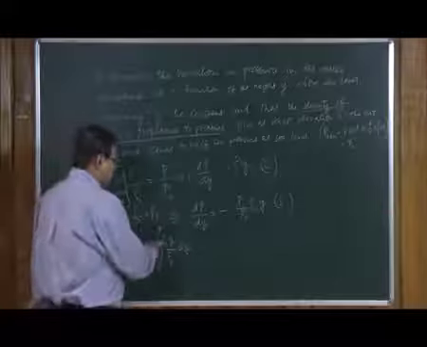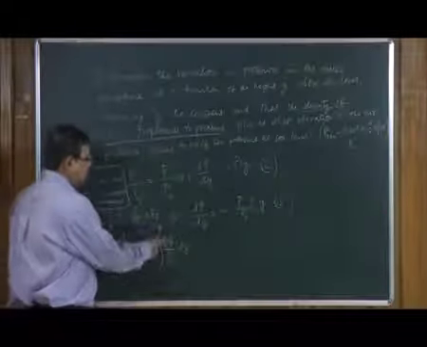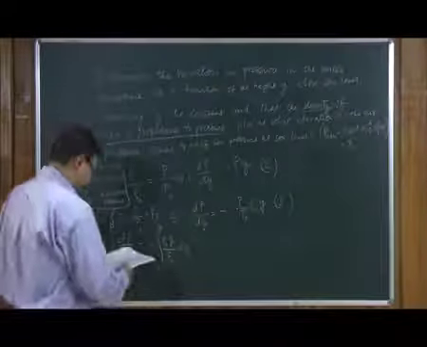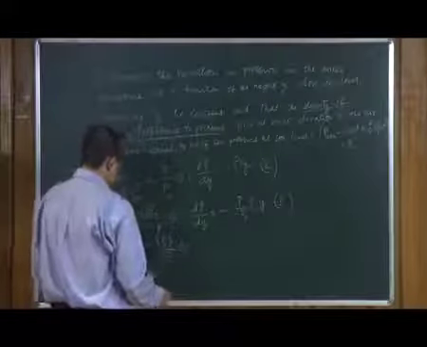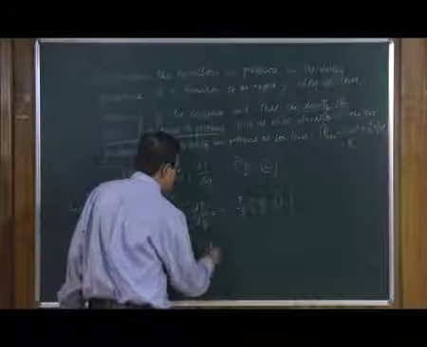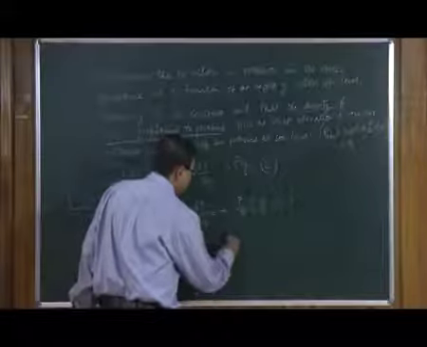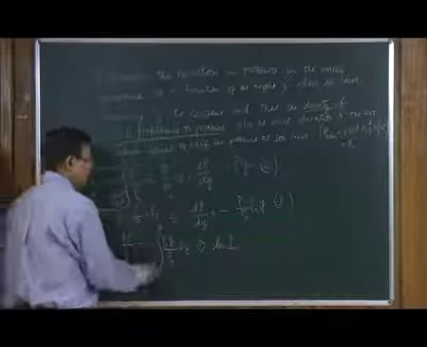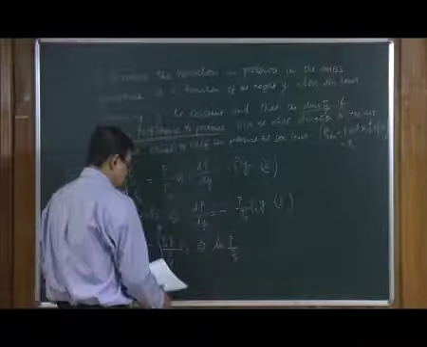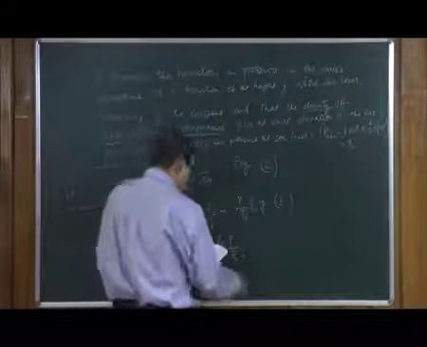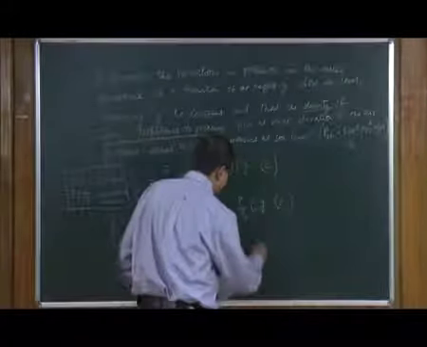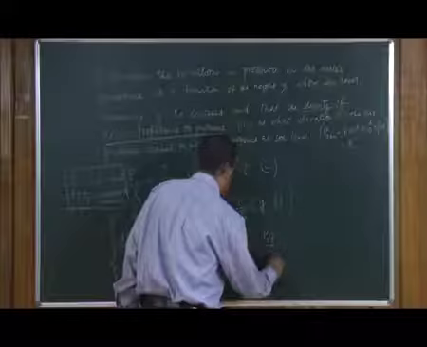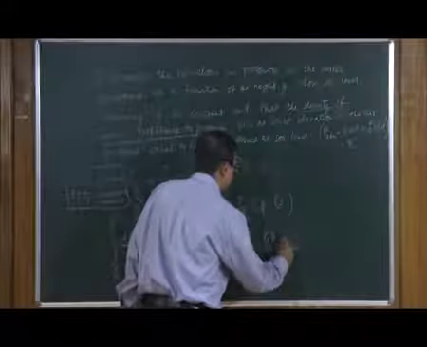Remember that all these quantities are constants, where rho 0 is the density at the sea level. If I evaluate the integral, it becomes log, because dP over P is log P. Now, putting the upper limit and lower limit, log P by P 0 equal to minus rho 0 g by P 0 and y.